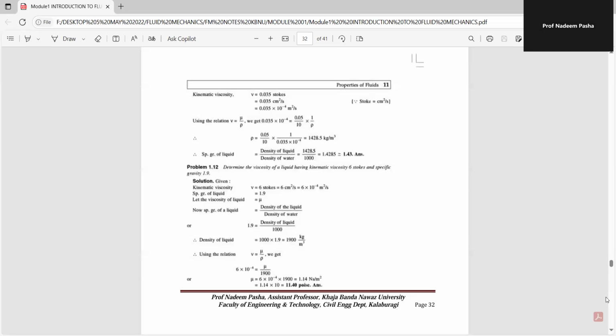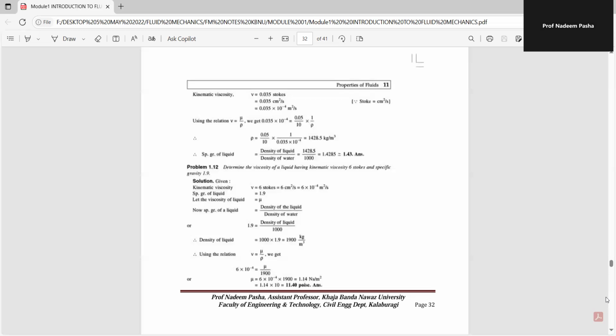Now specific gravity of liquid is density of liquid to density of water. Specific gravity is 1.9, density of liquid you need to calculate, divided by 1000, that is density of water. So density of liquid is nothing but 1000 into 1.9, so it is almost equal to 1900 kg per meter cube.